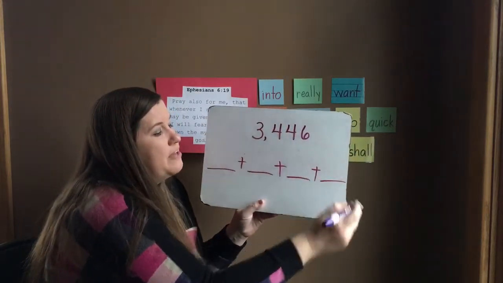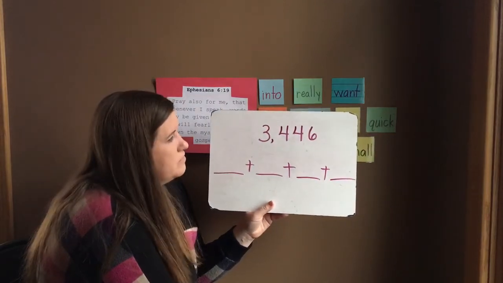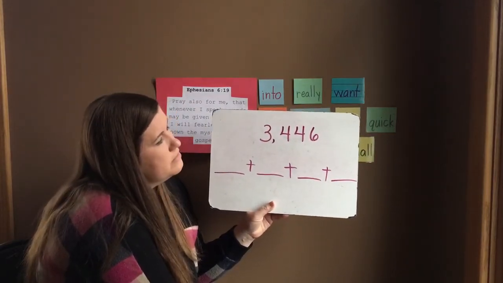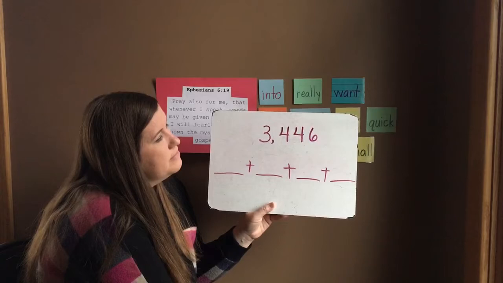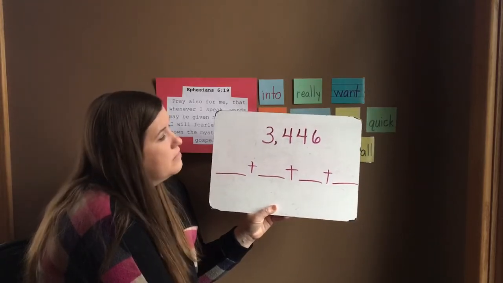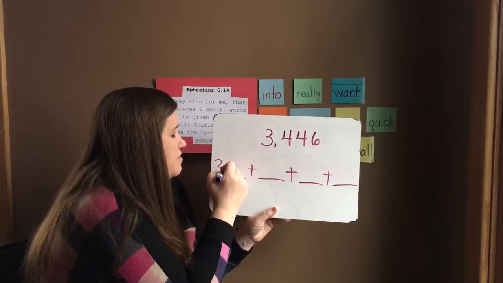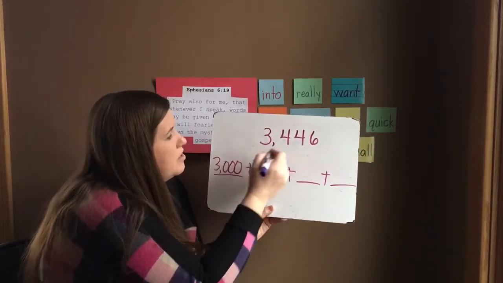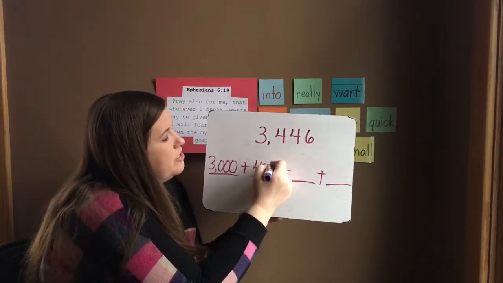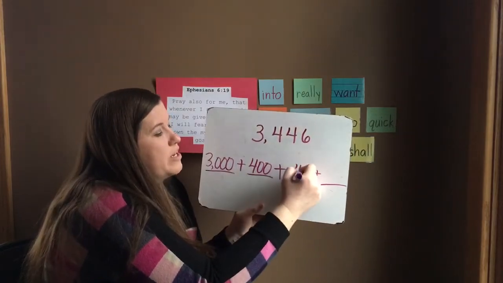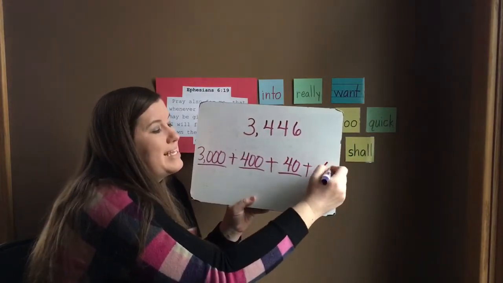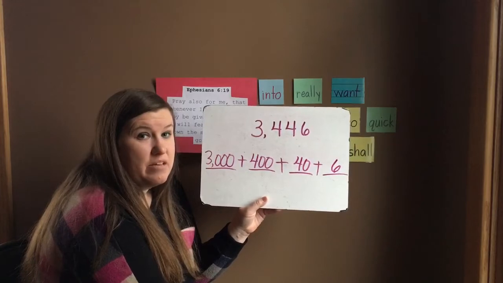Remember, every place value gets its own line. Everybody got it written down? We're going to put 3,000 plus 400 plus 40 plus 6. And that's how we expand it.